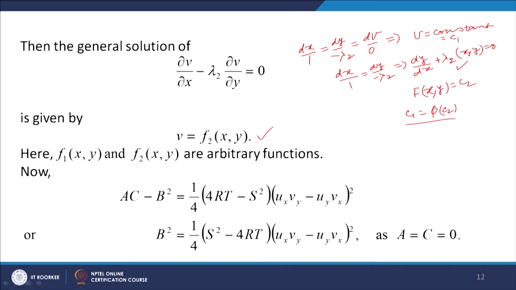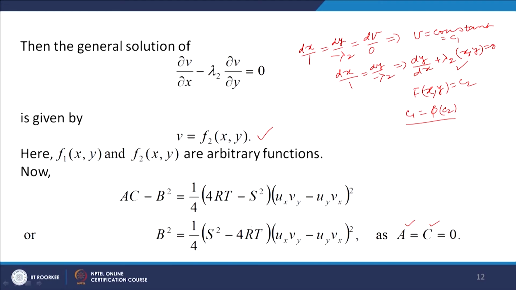And since a and c are zeros, we will have minus b square equal to 1 over 4 times 4 RT minus s square, as this term will become 0. So, minus b square will be equal to this, and we can multiply by minus 1. So, b square equal to 1 by 4 times s square minus 4 RT into (ux by minus uy bx) whole square. Now, this quantity is non-negative.